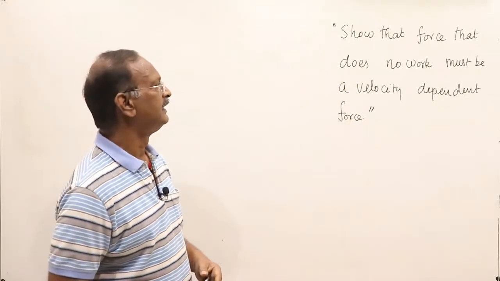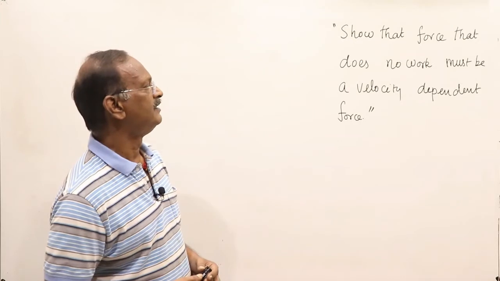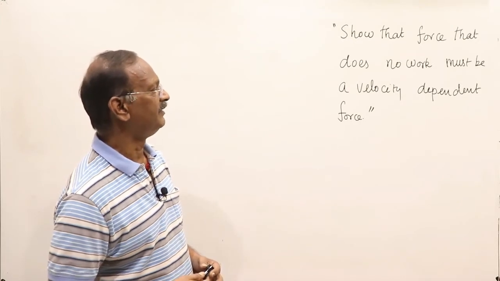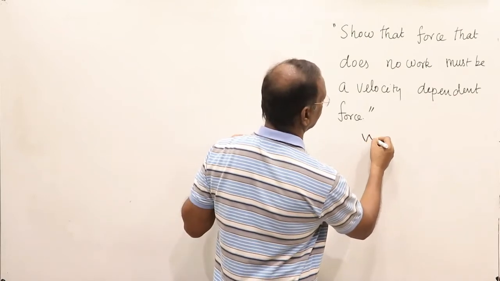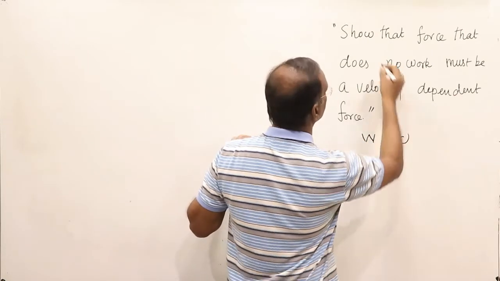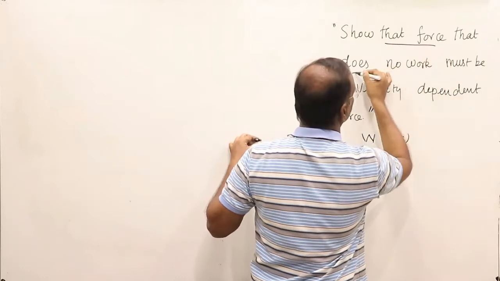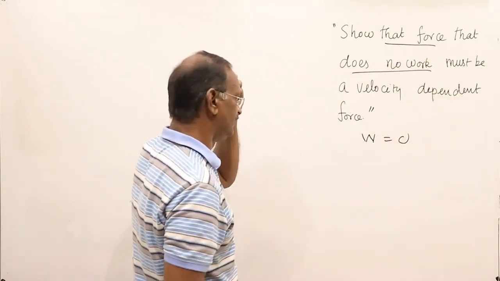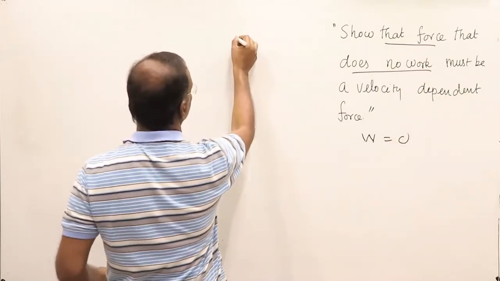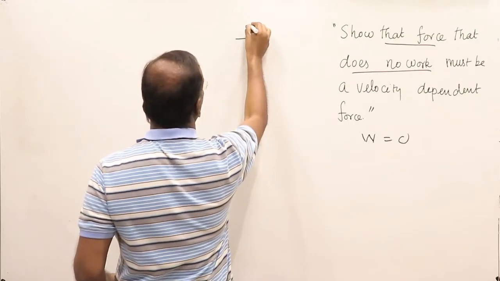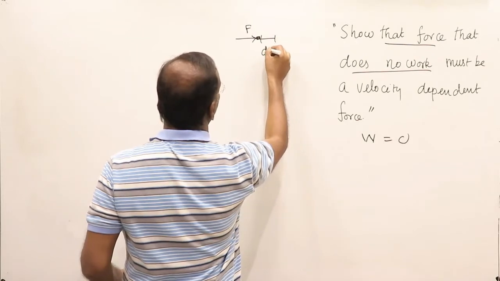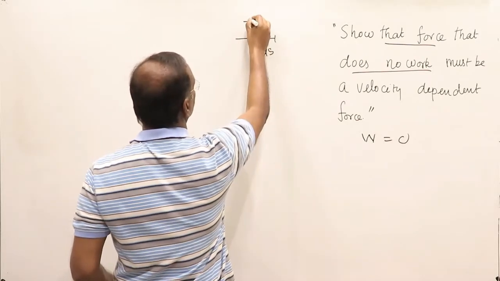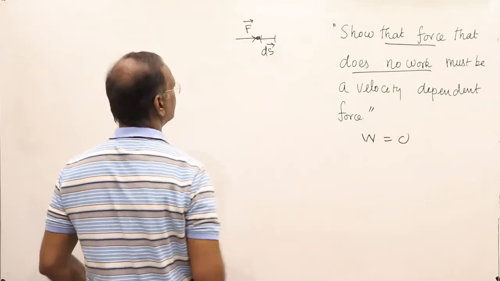Show that a force that does no work must be a velocity dependent force. It means the work done is equal to 0. What is the expression for work if a force is applied on a particle and it moves a distance ds? Force is applied in this direction, displacement is in this direction.